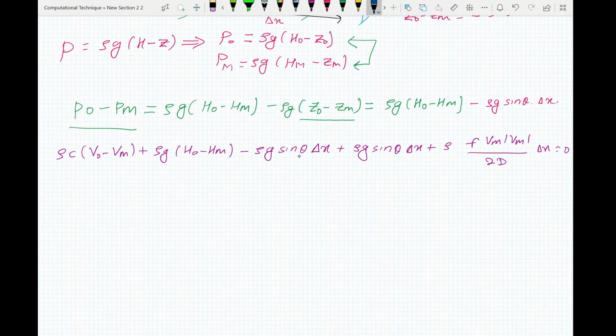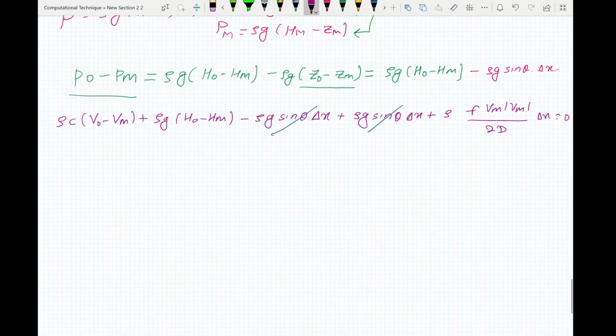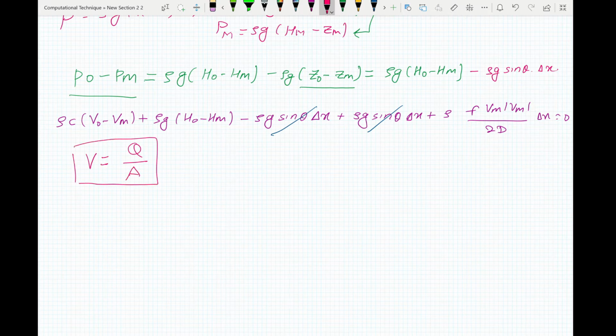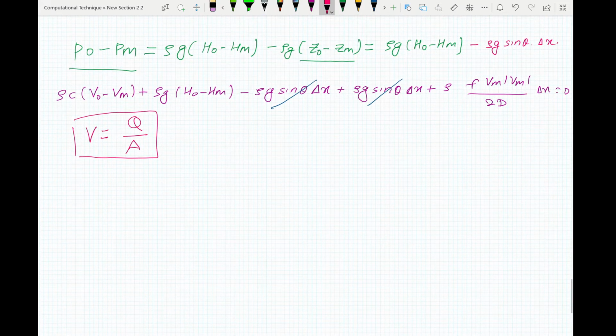and you can cancel these two out, and we can write our velocity in terms of flow divided by area. So you can substitute these values here.